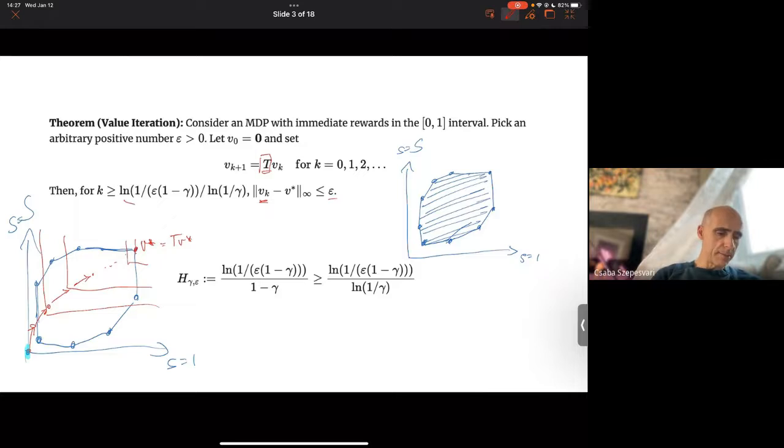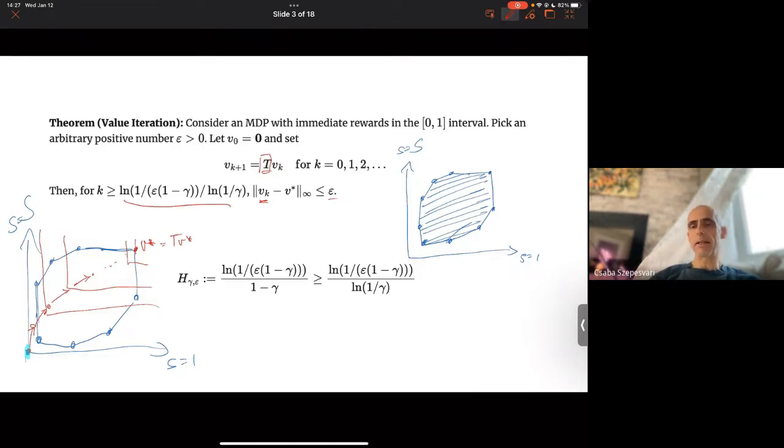And the answer is going to be something like log of 1 over epsilon times (1 minus gamma), divided by log 1 over gamma. That's the iteration complexity of value iteration if you want to calculate an epsilon-optimal approximation to the optimal value function.